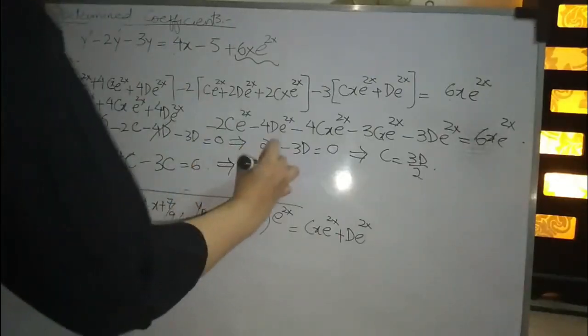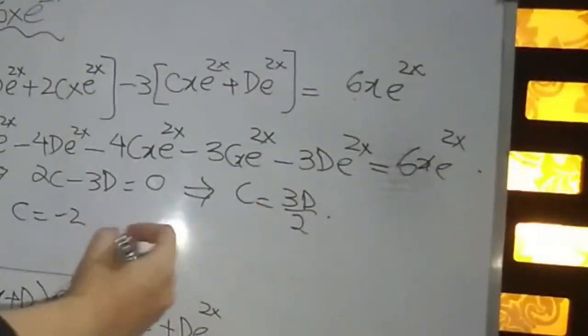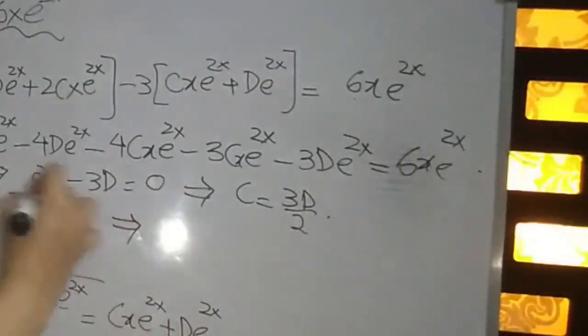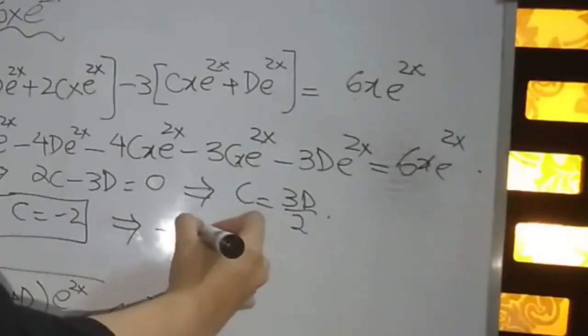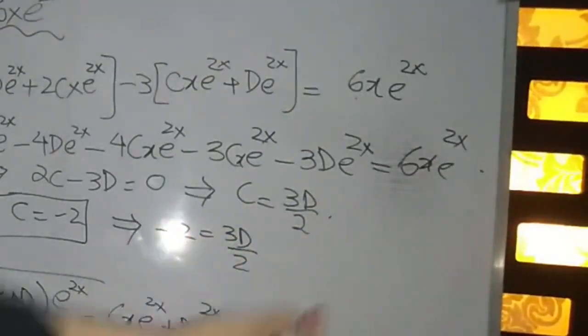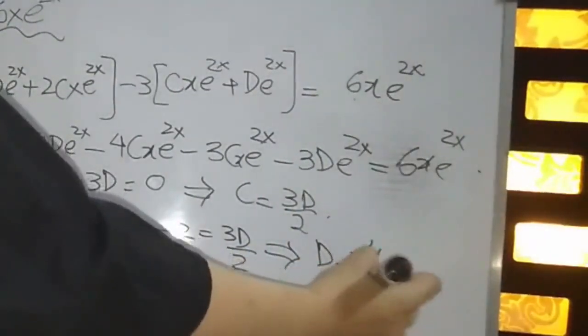Yes, c becomes minus 2. And if I replace this in this form, then it becomes minus 2 equals to 3d by 2, and d becomes minus 4 by 3. So d becomes minus 4 by 3.